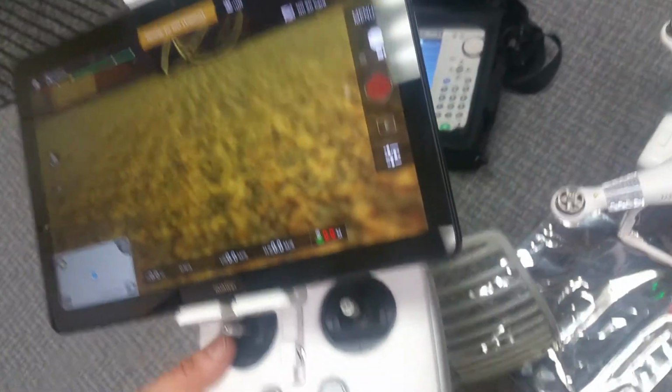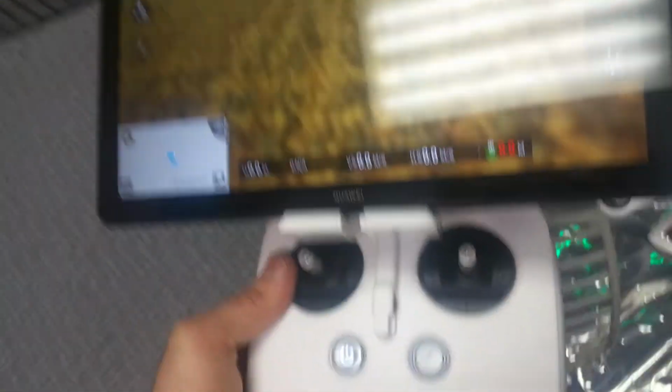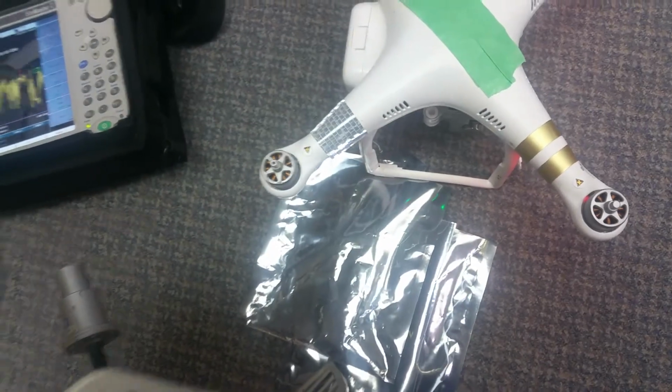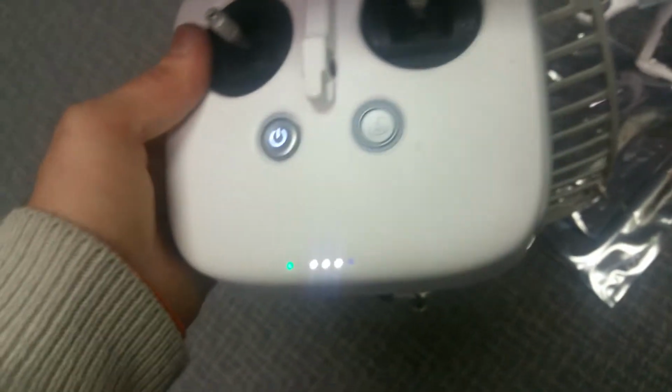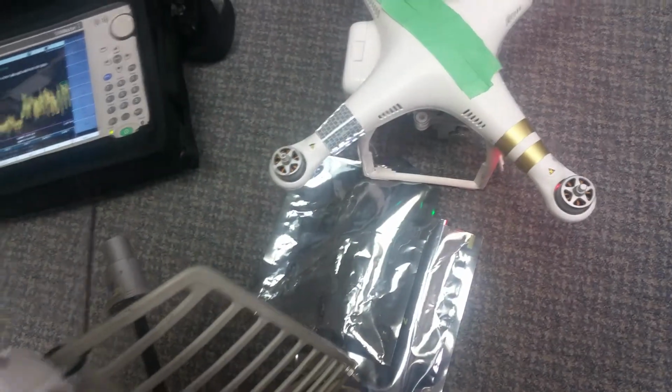And again, this antenna is connecting my remote control to the aircraft for the purpose of maintaining a good strong signal between the controller and the aircraft.